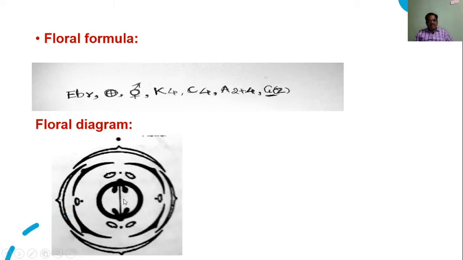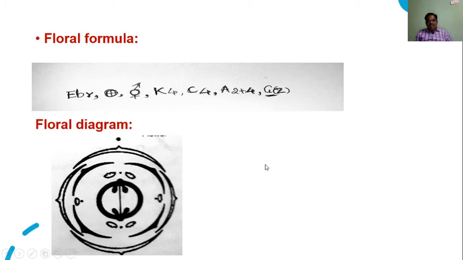Here is one chamber and here is the next chamber. So both the chambers are joined together. They have a common wall. So it is known as syncarpous ovary, meaning that the carpels or chambers join to one another by the common wall. And ovary is superior. So this line indicates that ovary is superior.